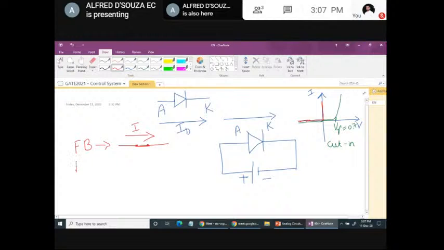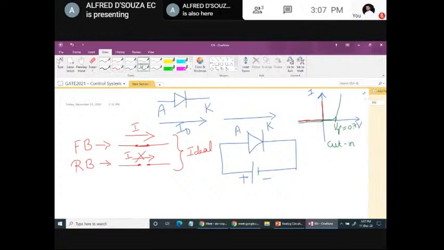If the diode is reverse biased, then it is represented as an open circuit or an open switch, so there is absolutely no current flowing. This is the ideal representation. But for practical purposes, we can use the simplified equivalent model. So for the forward biased diode, we make use of this representation.